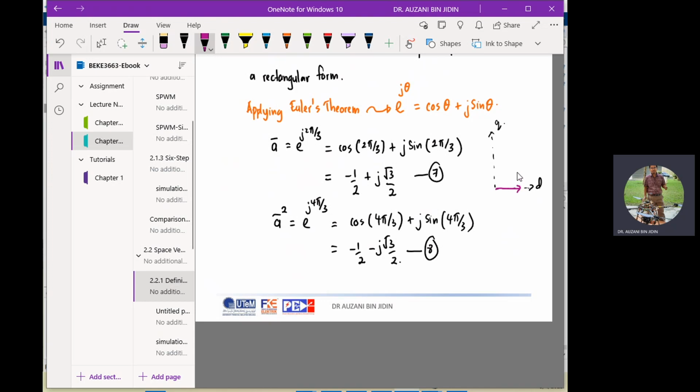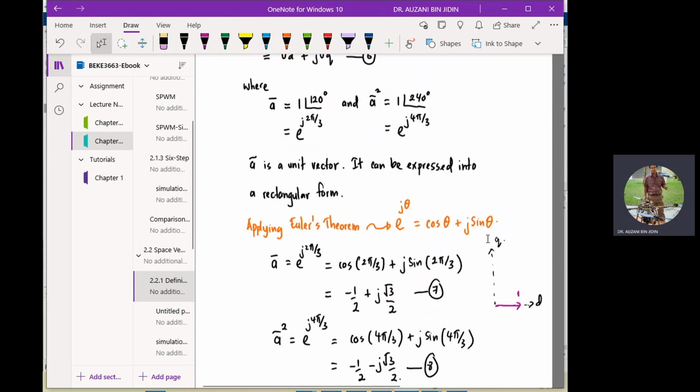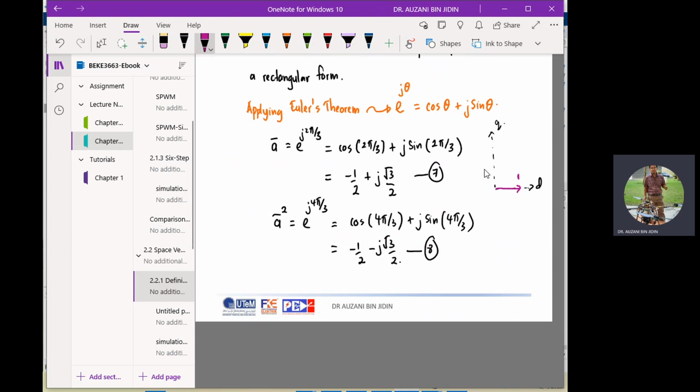So where the 1 is the factor for the VAN. For VBN, unit vector of A, so you must have here this component of vector, right? So this vector is A. Okay. And for the VCN, the factor term here is A power of 2. So this is the origin.